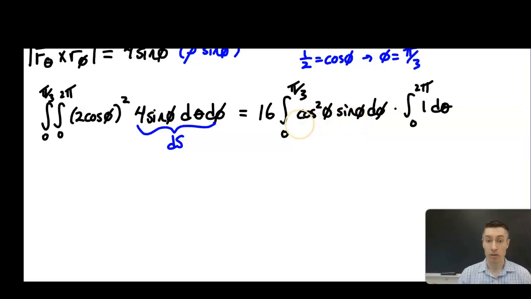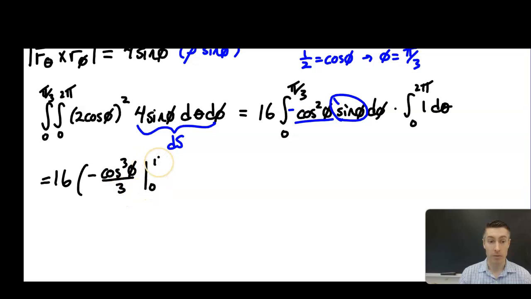So for the first integral, underline cos phi as the u in a traditional u substitution. Du then would be negative sine phi. So I'll circle that. That's your du term. So we get 16 times negative cos cubed phi over 3, evaluated from 0 to pi over 3, and then theta evaluated from 0 to 2 pi.